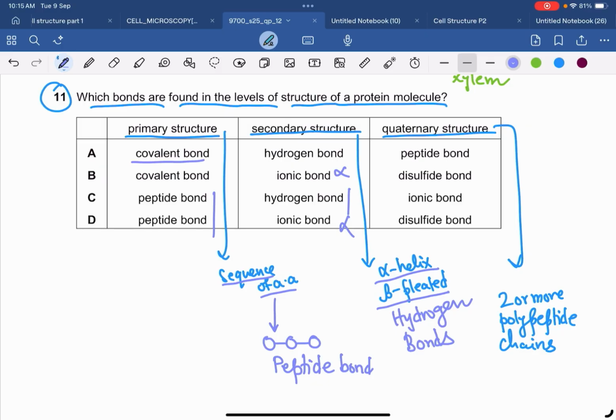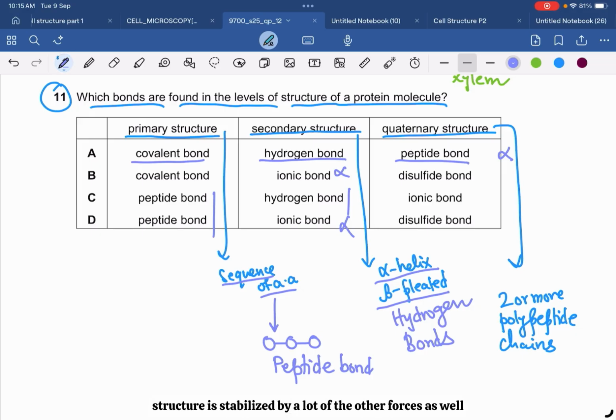And if I say that the secondary structure is by the hydrogen bond, so for the quaternary structure, option A will be incorrect, because the quaternary structure is not mainly involved by the peptide bond, right?